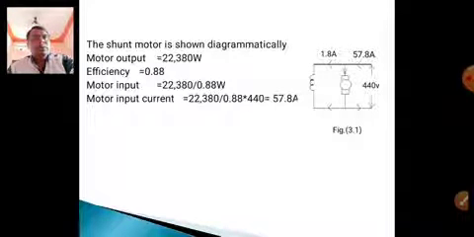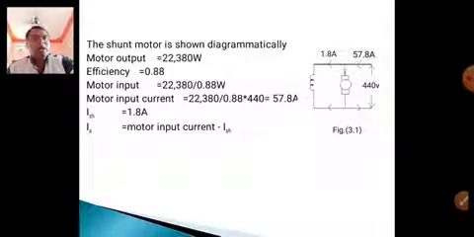So motor input current is 57.8 amps. So ISH equal to 1.8 amps. So here the shunt current is 1.8 and the load current is 57.8. So IA equal to IL minus ISH in motor. So we get the value of 56 amps armature current.